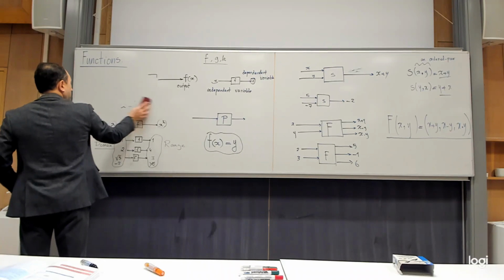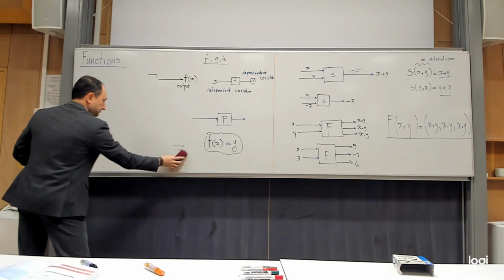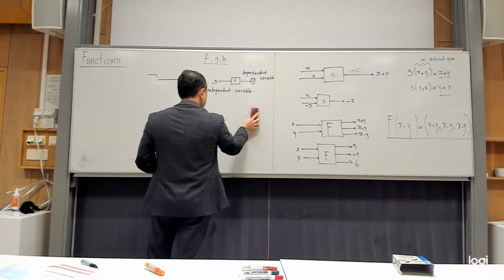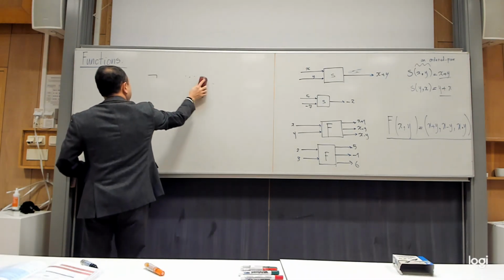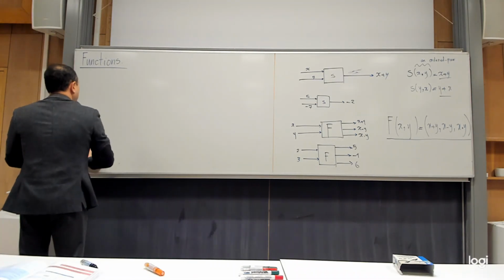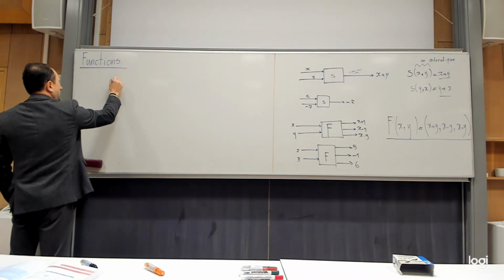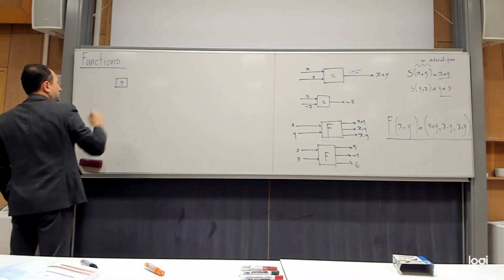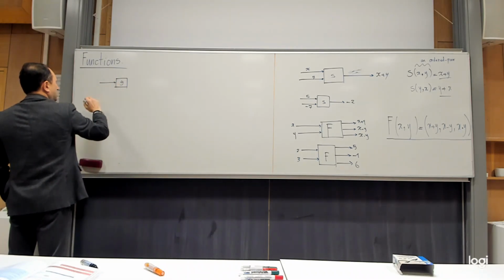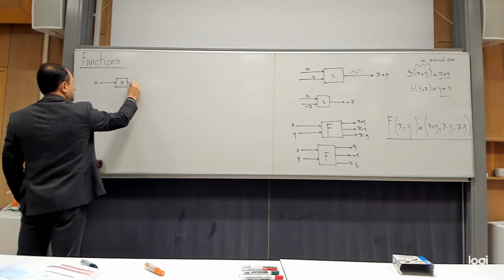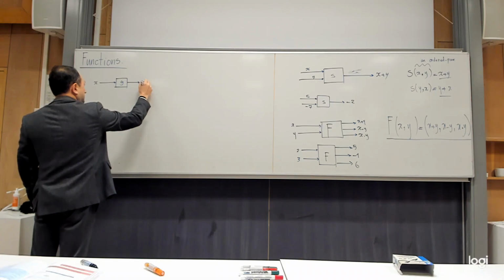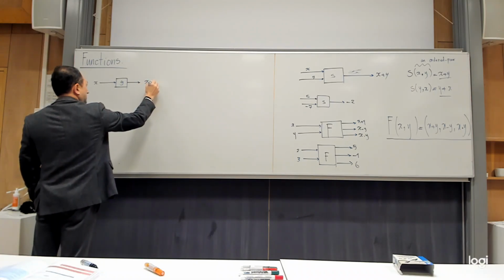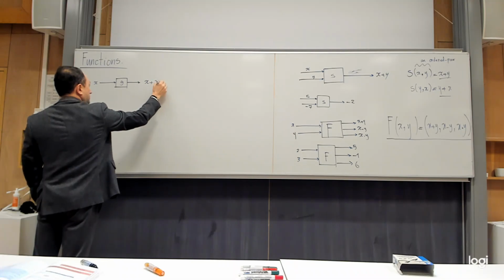Let me ask you something here. Let me write this, for example, and change my letter to G this time. I have this function, and the output is, say, x plus 2x squared.